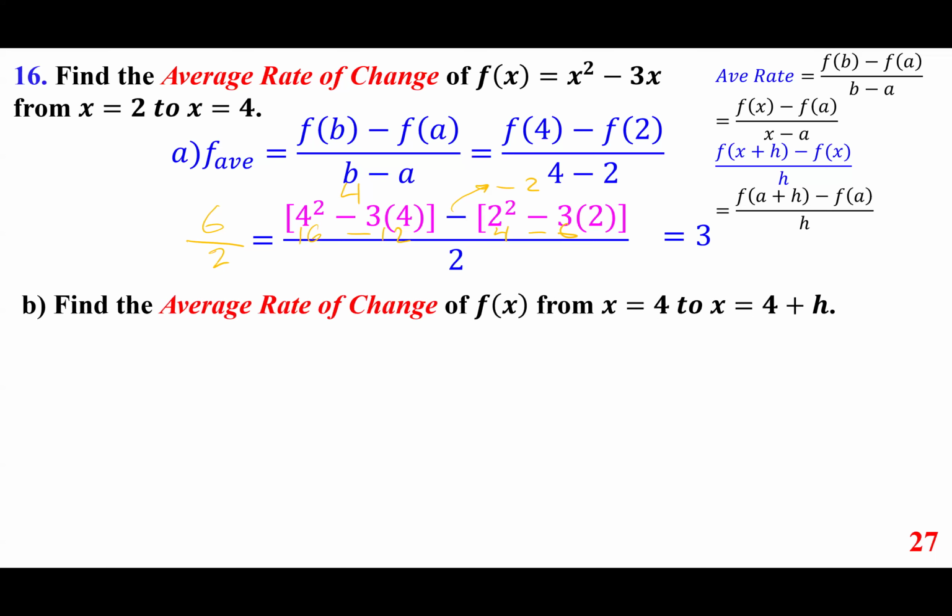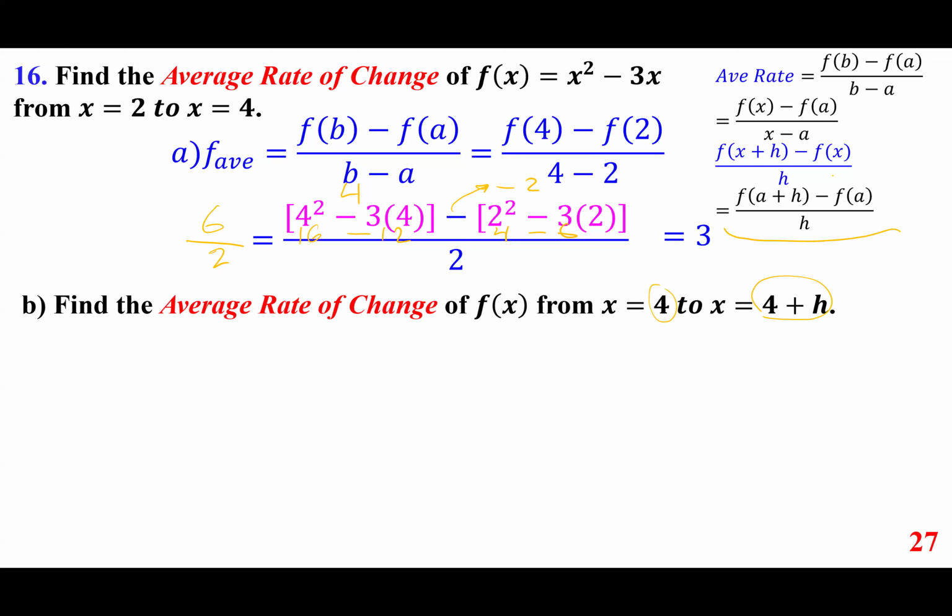Find the average rate of change of f of x from x equals 4 to x equals 4 plus h. It means f of 4 plus h minus f of 4 over 4 plus h minus 4.